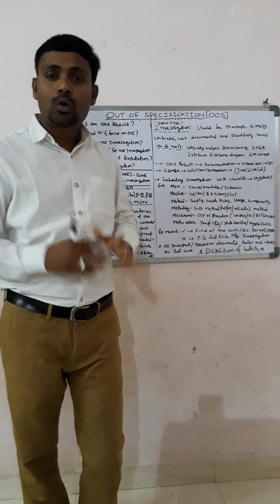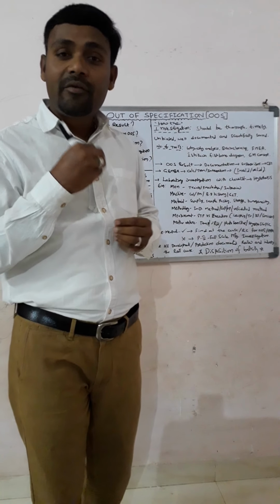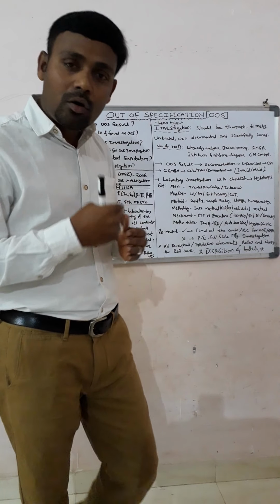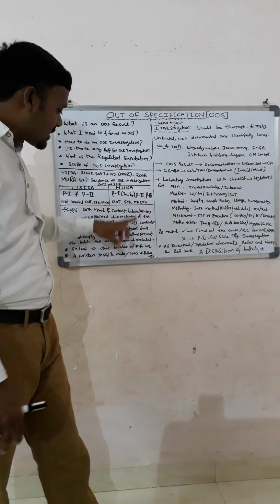Sometimes we identify the root cause, then we can propose a CAPA, and we have to verify the CAPA effectiveness and follow up on the investigation. So these are the main points covered.